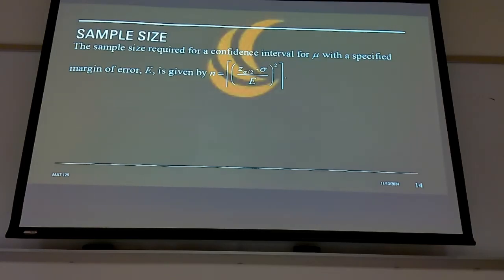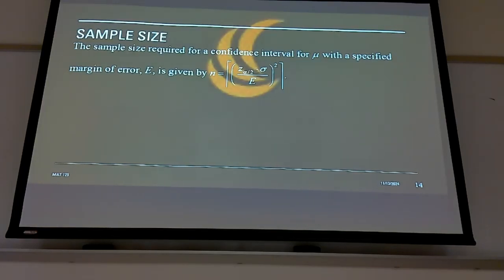The ceiling function is going to be used here. Sample size required for a confidence interval for mu with a specified margin of error: n is the ceiling of the value z alpha over 2 times sigma over E, all squared.